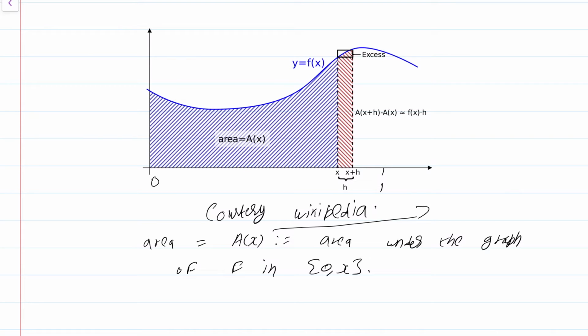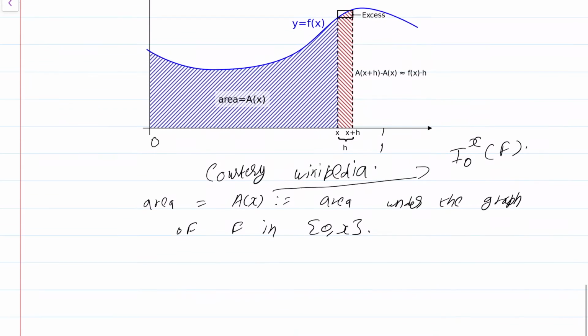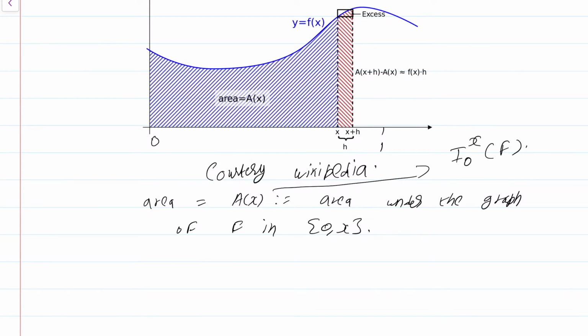We have not yet even constructed it, but we are assuming we have an area function. This function I will turn out to be the area, which we will see in the construction in the next lecture. Now let's see why geometrically you would expect this area function to be related to the derivative.